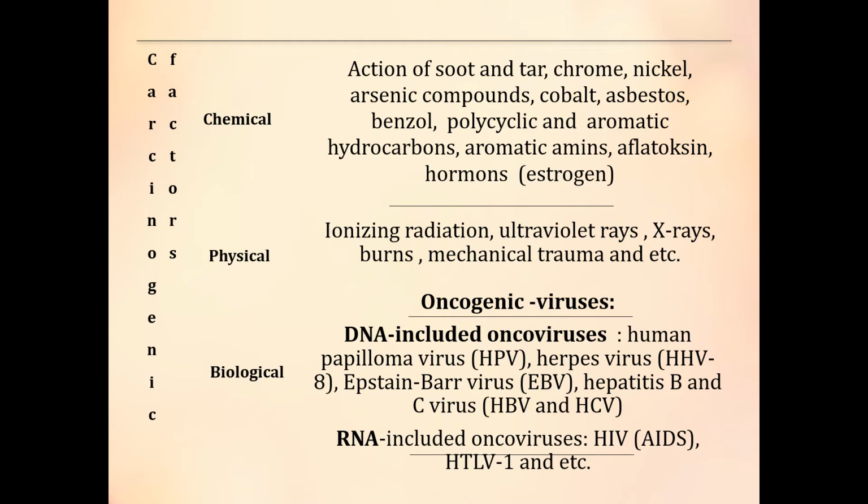Then Epstein-Barr virus is called the causative agent of Burkitt lymphoma. Then human herpes virus 8, Kaposi sarcoma cause, and the hepatitis B virus, the main reason for hepatocellular carcinoma. And the human T-lymphotropic virus 1 belongs to the RNA-containing retroviruses.